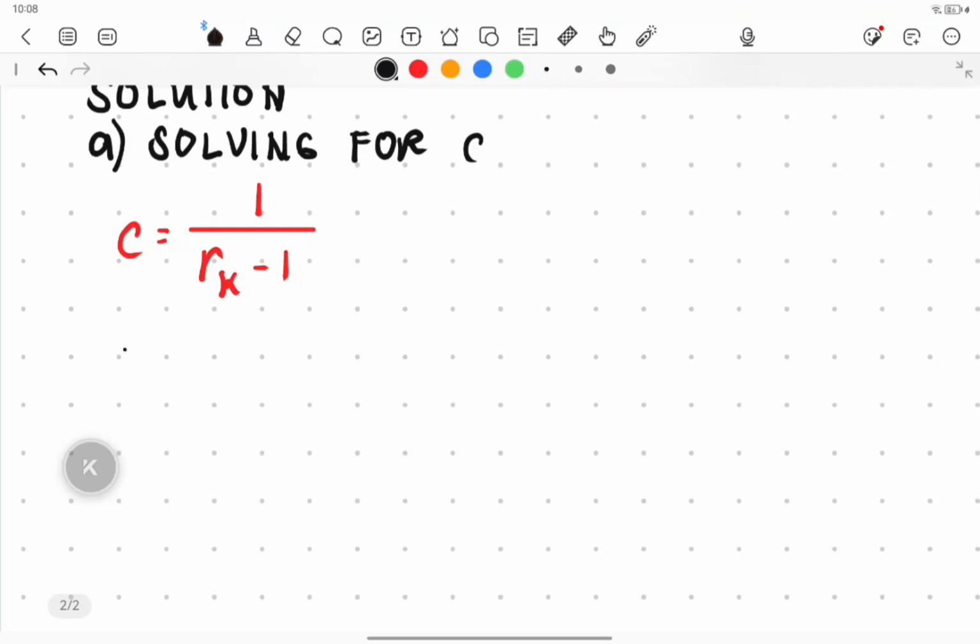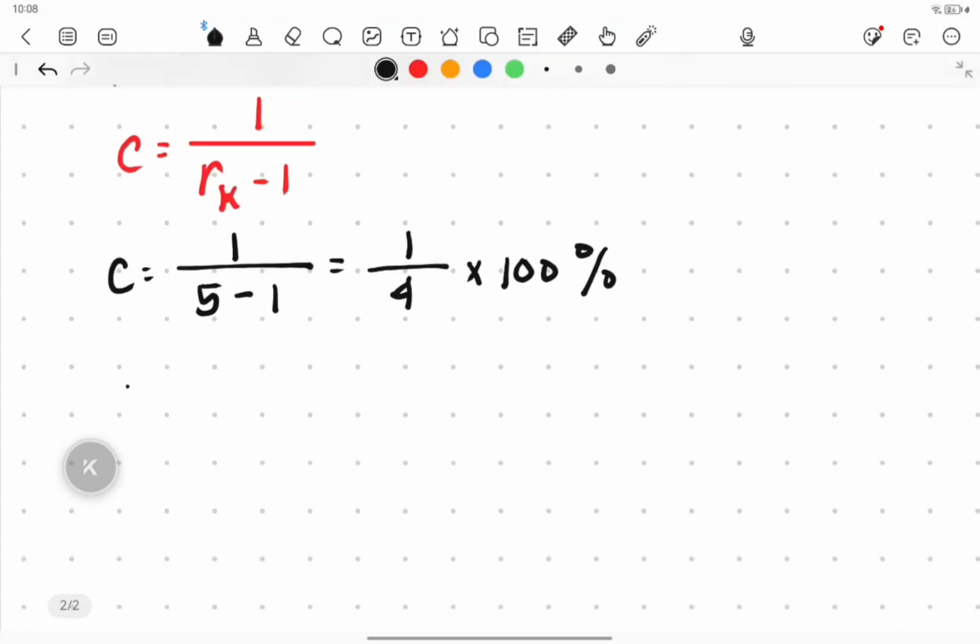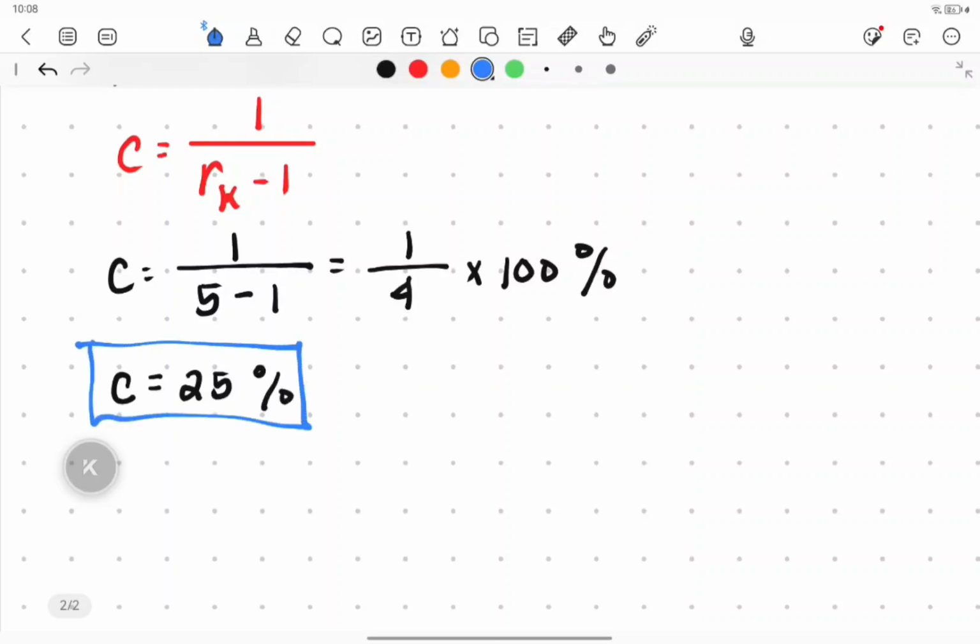We can easily get the clearance as 1 over 5 minus 1, and that is 1/4. We have to convert this into percentage. So we have our C is 25%, and this is one of our answers.